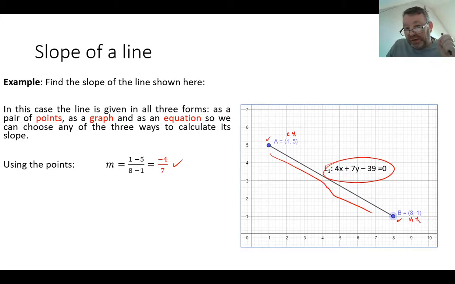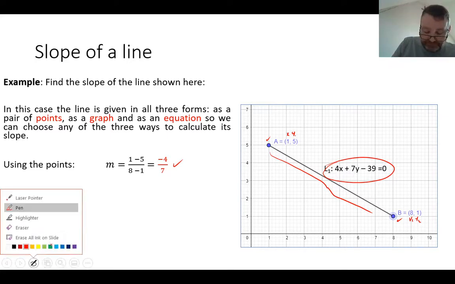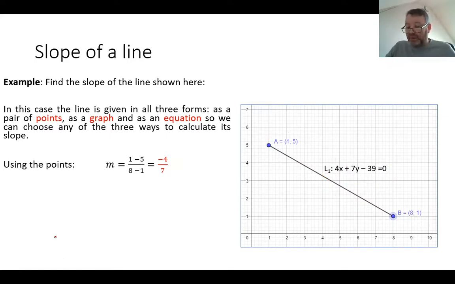If I want to use the idea of the rise over the run, here's what I'm going to do. Let me take off those annotations. Now, rise over the run. Take the line segment and form your right angle triangle. See that? Now, what's my rise? My rise is 1 to 5. That's 4 units. But my run is backwards, so my run is this way here.